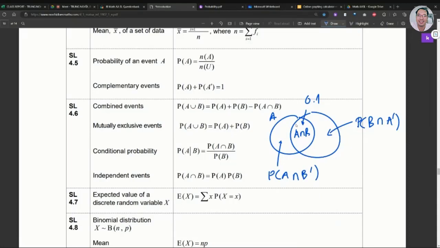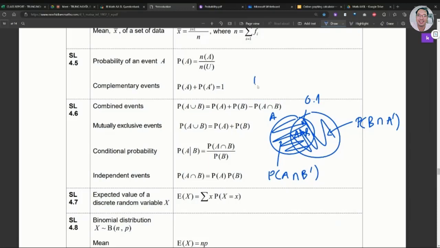But when you add them, the intersection part is added twice, because P(A) involves this part and P(B) involves this part. So you add it twice, and therefore you have to subtract it one time. You subtract P(A and B).